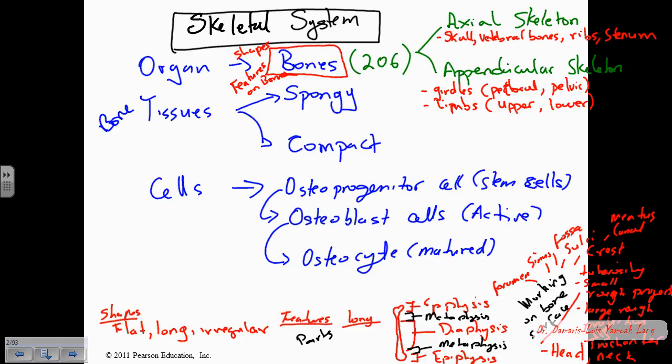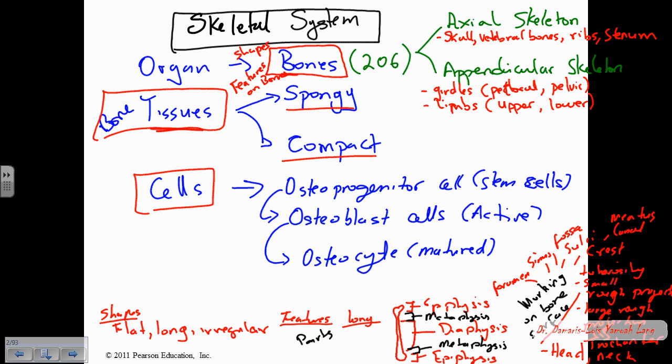So this is how the bone organ looks. And in looking at the bone tissue, we have two types of bone tissue: spongy bone tissue and compact bone tissue. And we are going to describe the tissues based on the cells, all right?